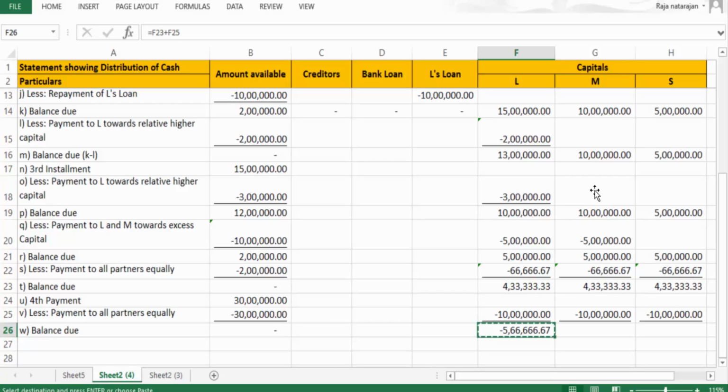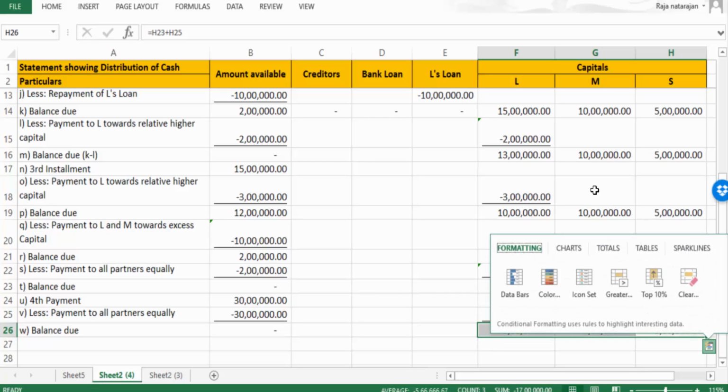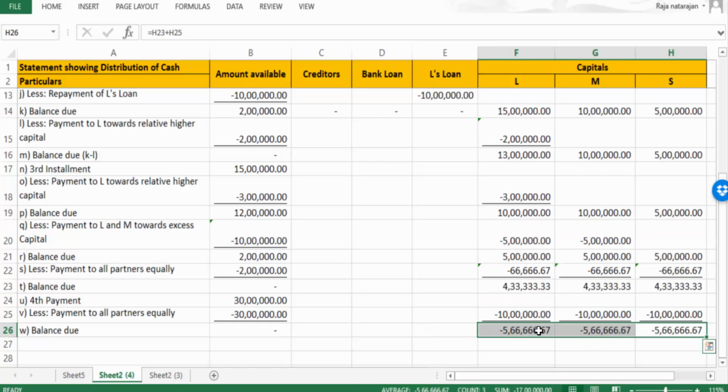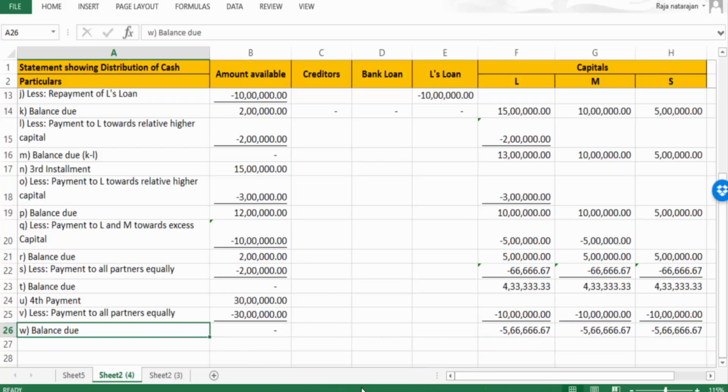So that's for L, this is also for M, and this is also for S. But this is not something which is negative in nature, because it's an additional money which is going. So it's actually the profit that is made by the firm by realizing the assets, so we can call it as realization profit.